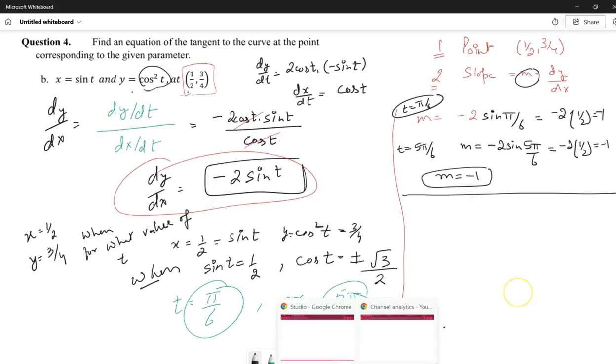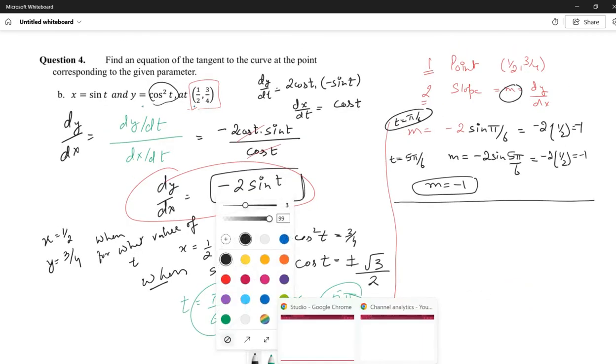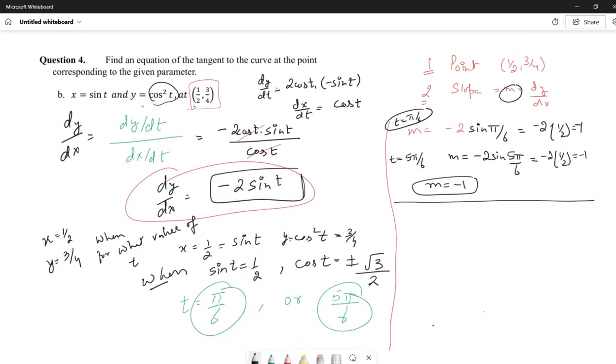So we have everything to be able to find the equation of the tangent. Equation of tangent is y minus y1 equal to m times (x minus x1).